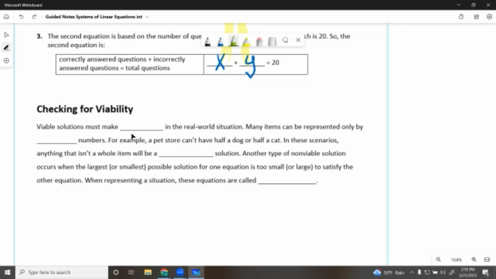Okay, the last section on page 4 talks about checking for viability. This idea that we're checking for viability is kind of the most important thing you can learn in all of math. If you are making a business transaction and somebody says to you, hey, if you give me 2 of your 20s, I'll give you 4 of my 10s.